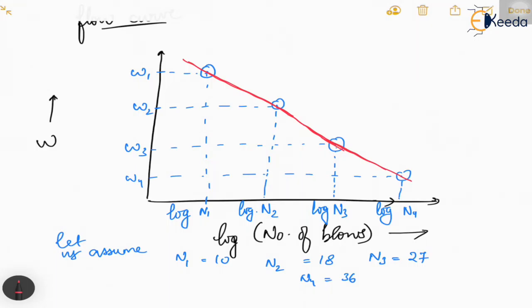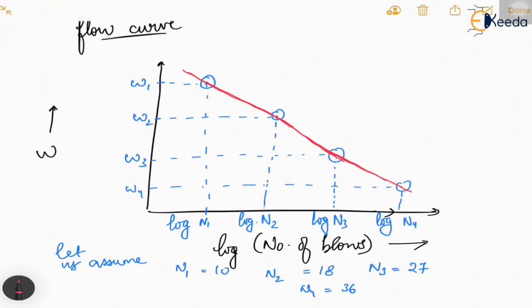So from this flow curve, we need to obtain the value of water content, W, which corresponds to a point on this curve which gives the exact n value as 25. So this point should be log of 25, and corresponding to that we will obtain the water content, which we define as the liquid limit as per Casagrande's theory.